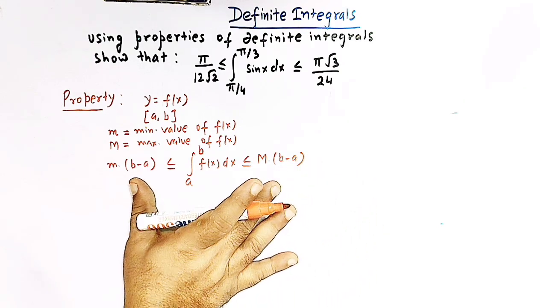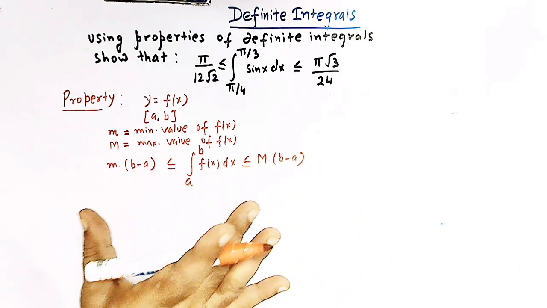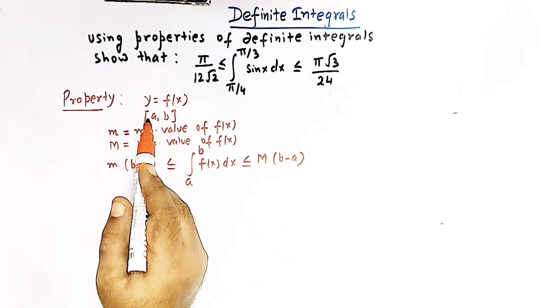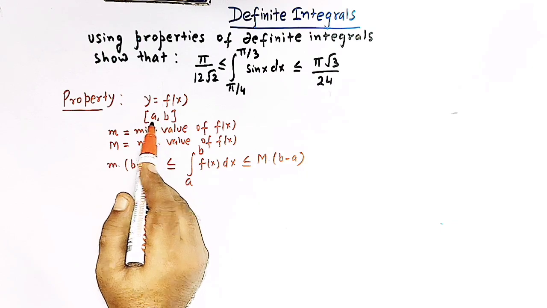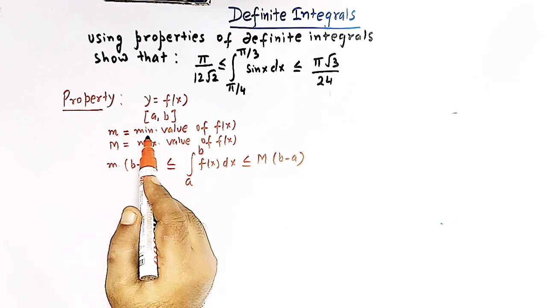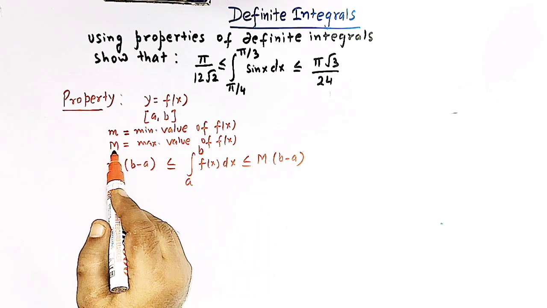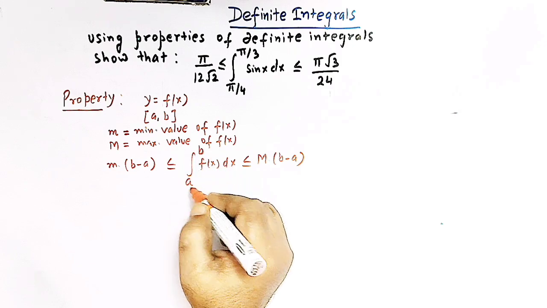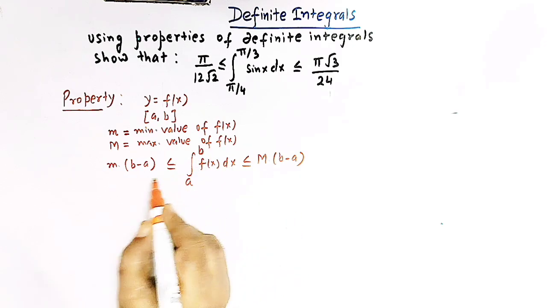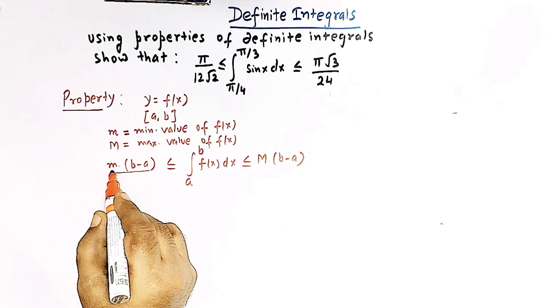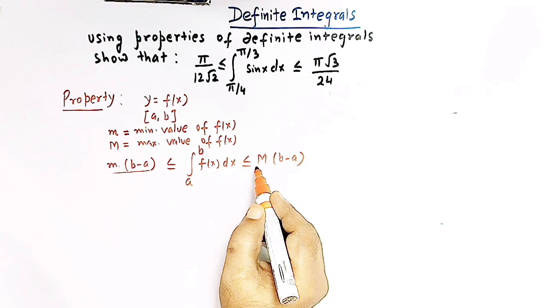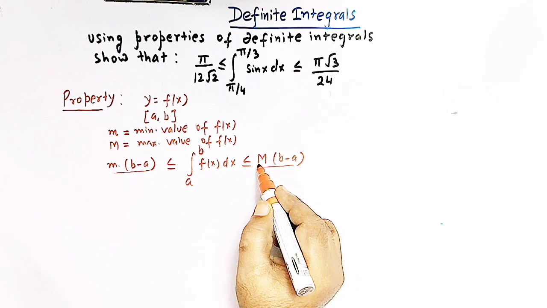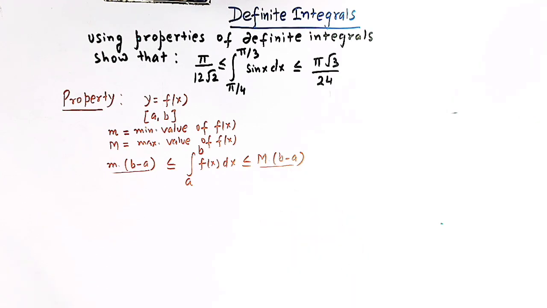So this is an important property of definite integral, which states that if we have a continuous function y is equal to f of x defined in some interval a comma b, and small m denotes the minimum value of f of x and capital M denotes the maximum value of f of x, then the value of this integral is greater than or equal to this product, that is m times b minus a, and this integral is less than or equal to this product, that is capital M times b minus a.